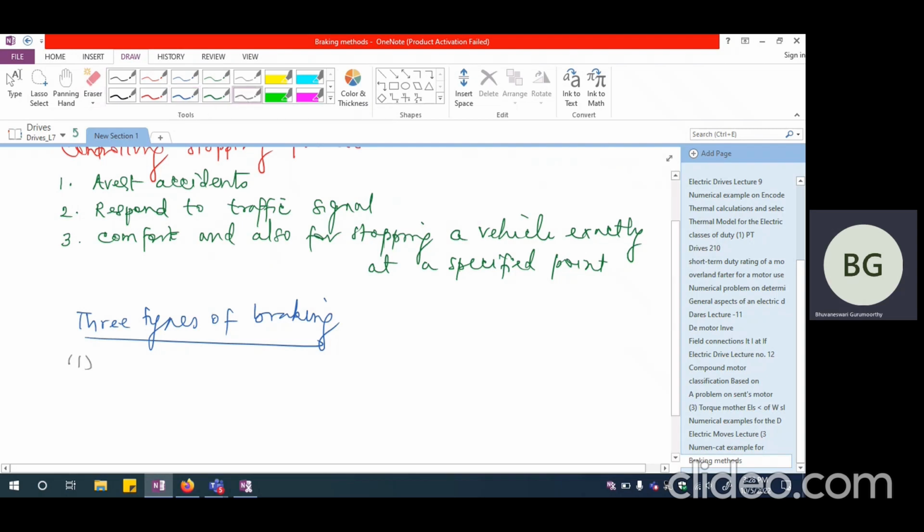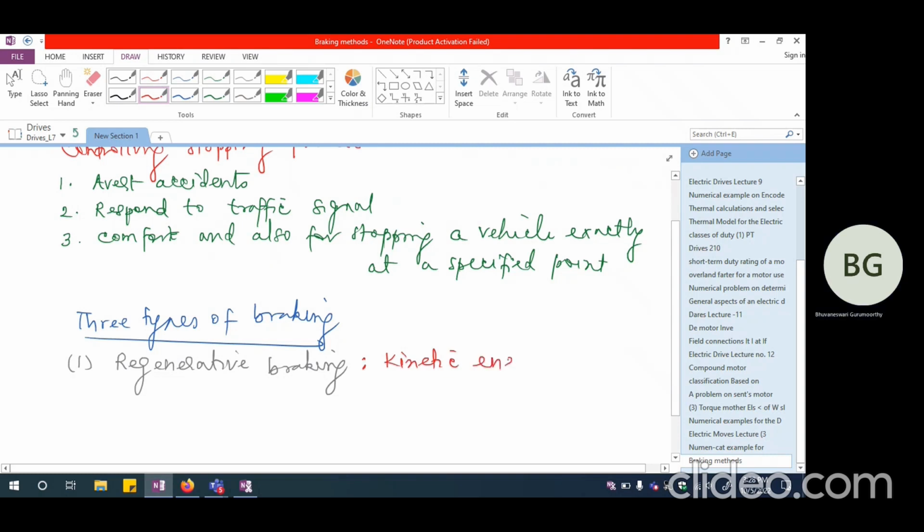So the first and foremost type of braking is called regenerative braking. So in regenerative braking, what is done normally is the kinetic energy that is stored in the rotating parts of the machine is converted into electrical energy by making the machine work as a generator.